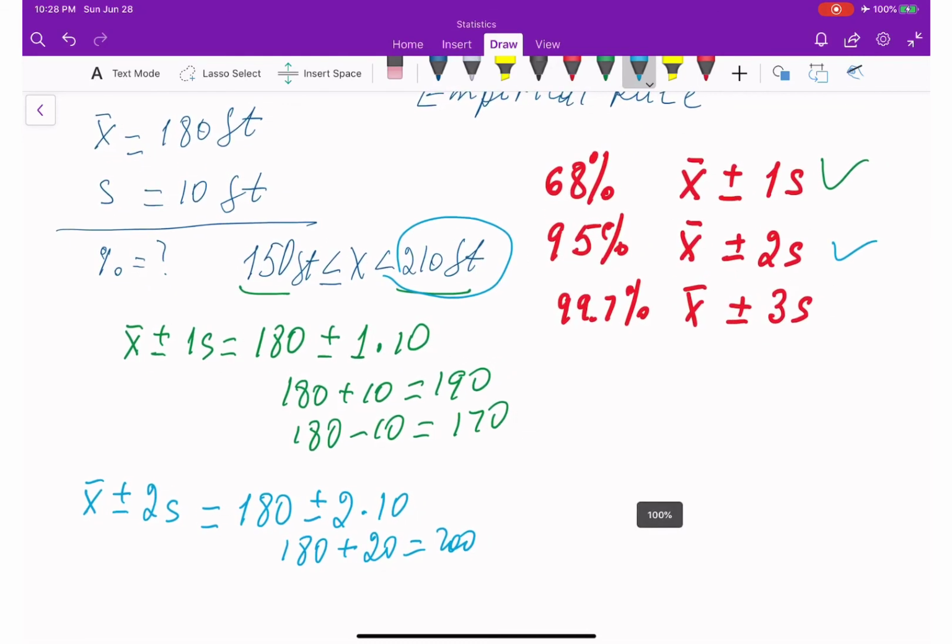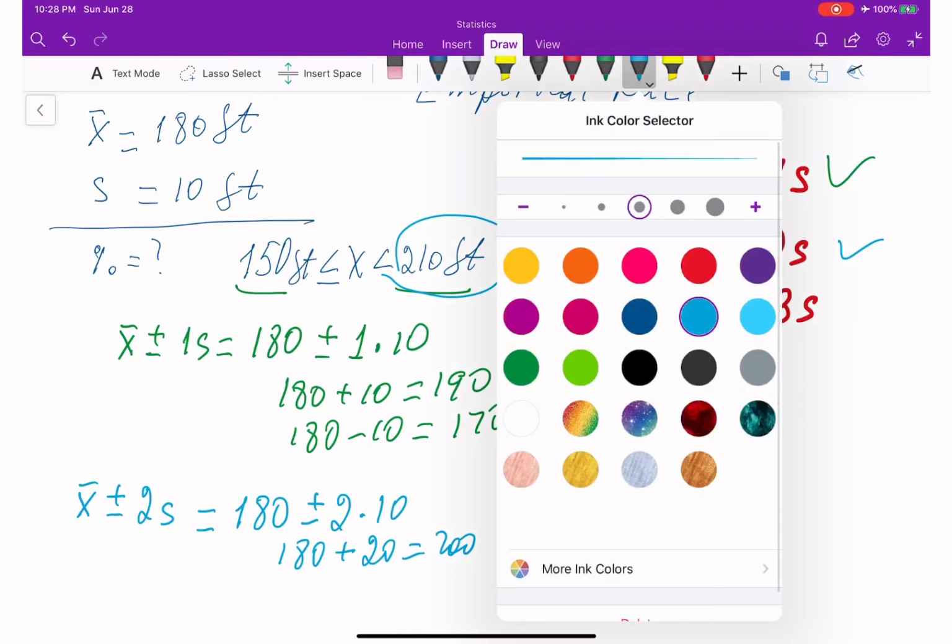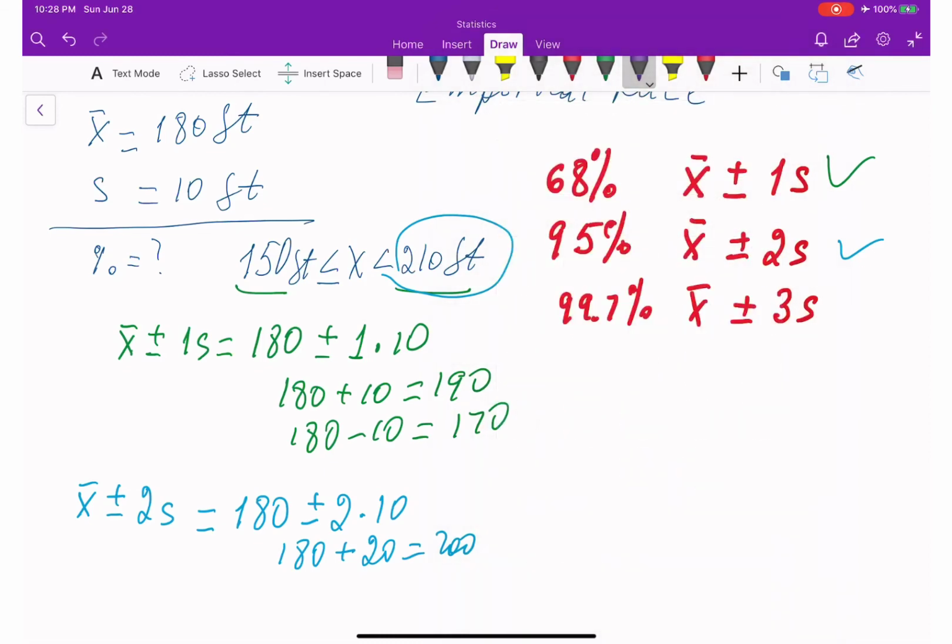And lastly, our last chance is, let's see, we are going to check plus minus three standard deviations. So 180 plus minus, let me follow the same rule, X bar plus minus 3S, which is equal 180 plus minus 3 times 10.